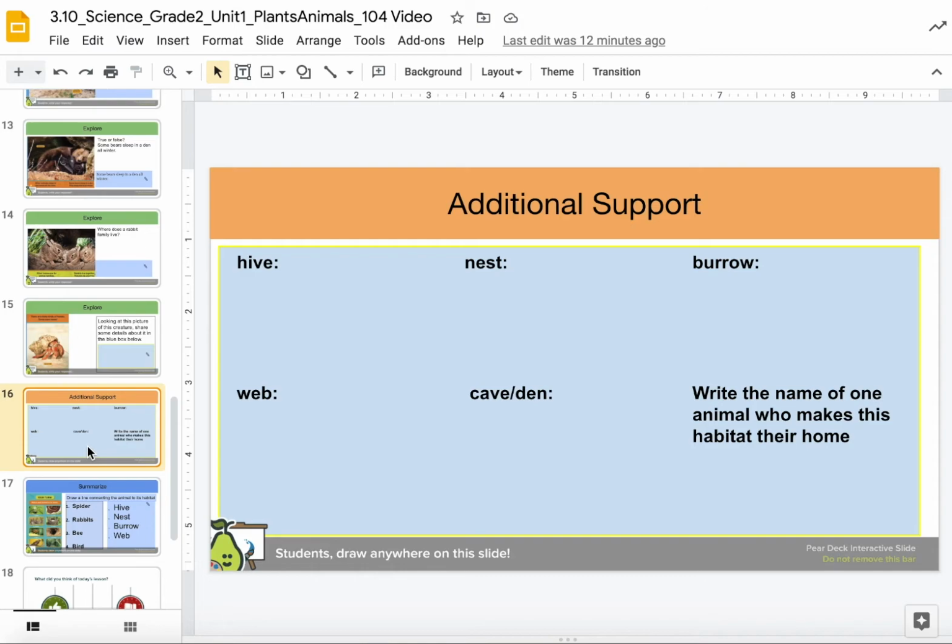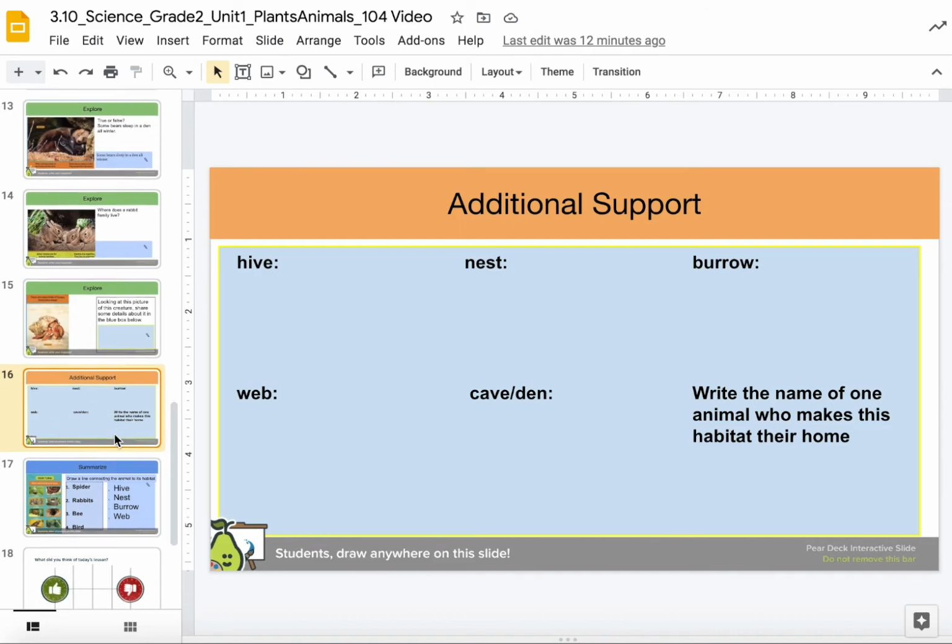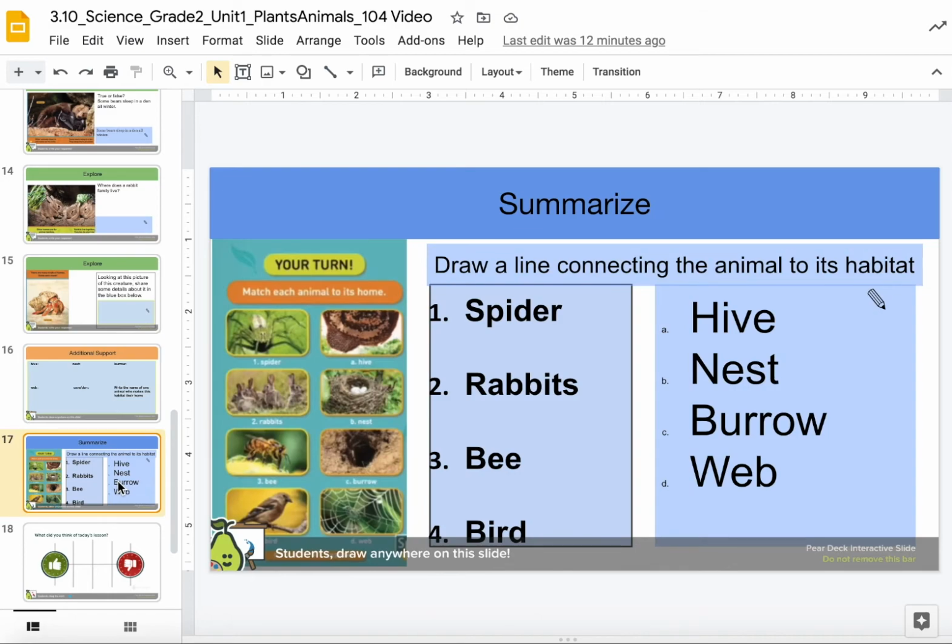Now, I'd like you to write the name of one animal who makes this habitat their home. Think, think, think, Science Explorers. Write your response. And to summarize, I'd like you to draw a line connecting the animal to its habitat. So think, think, think, Science Explorers. Match these words.